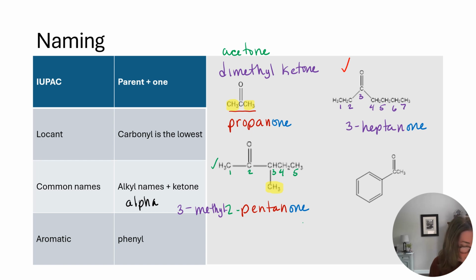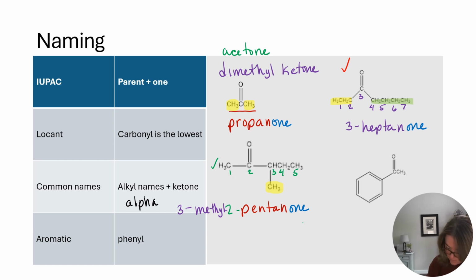Okay. Now, if I go to name this according to the common naming system, I have an ethyl group here, and I have a, what is this, a butyl? Yeah, 4 carbons right there. That would be a butyl.